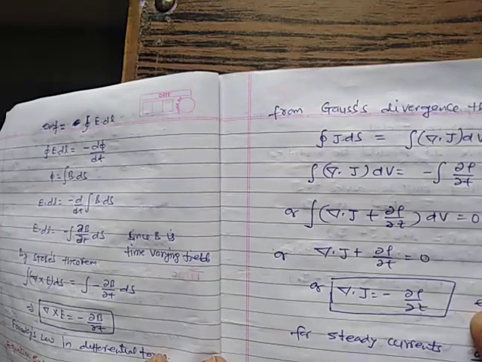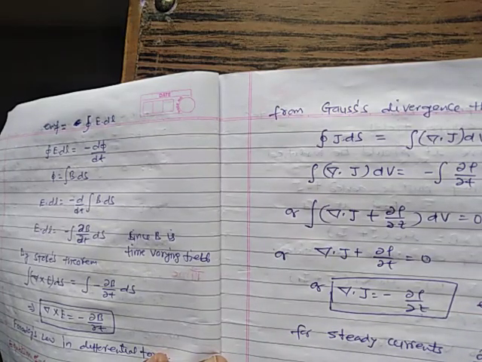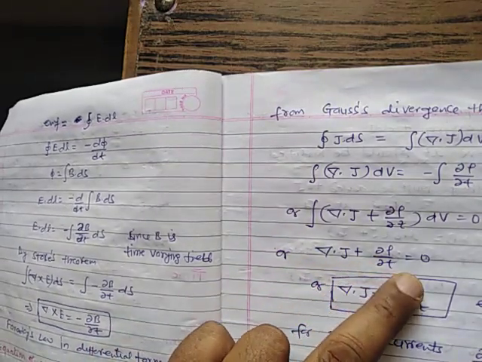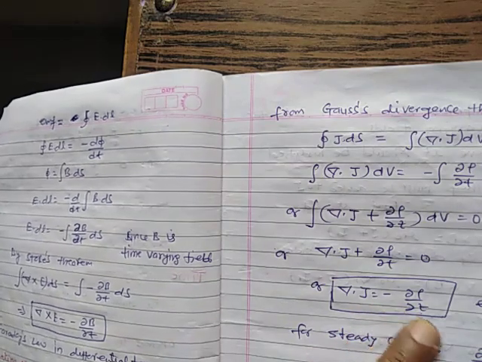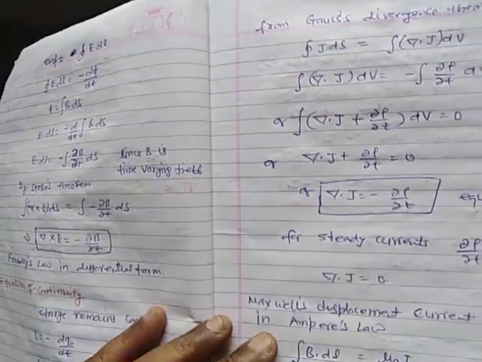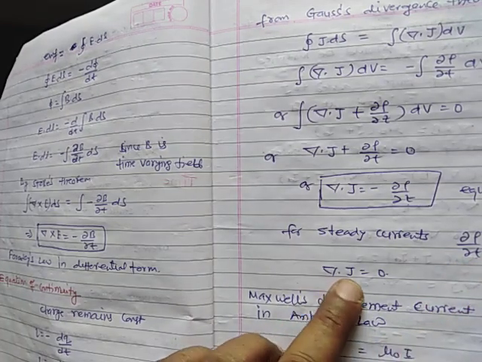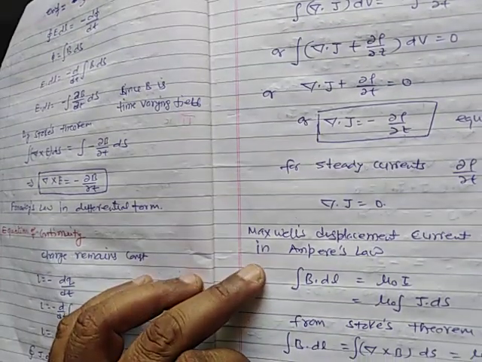From Gauss's divergence theorem, we can convert integral j dot ds into integral del dot j dv, and finally we can write del dot j plus del rho upon del t is equal to 0, so del dot j is minus del rho upon del t, that is the equation of continuity. For steady currents, del rho upon del t is equal to 0, or del dot j equal to 0.